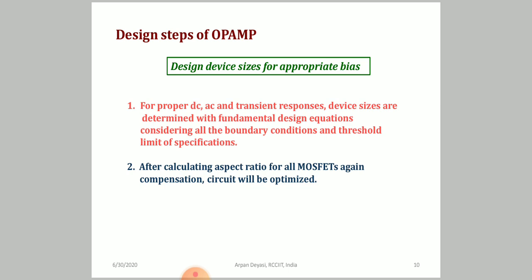That is, you have to choose what sort of inputs there are. It is DC, AC or transient. Depending on that and all those configurations and your specs and boundary conditions, you have to calculate W/L. That's extremely important.